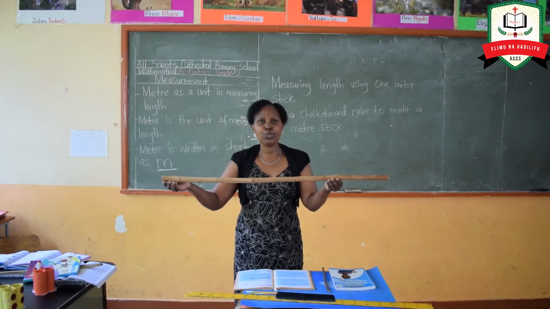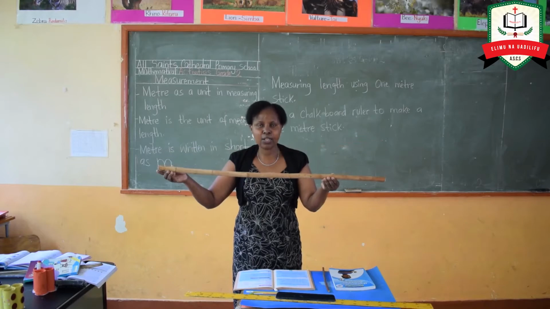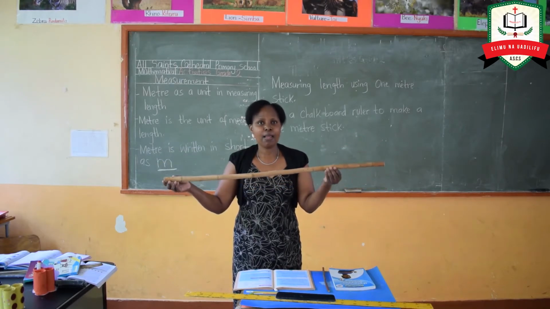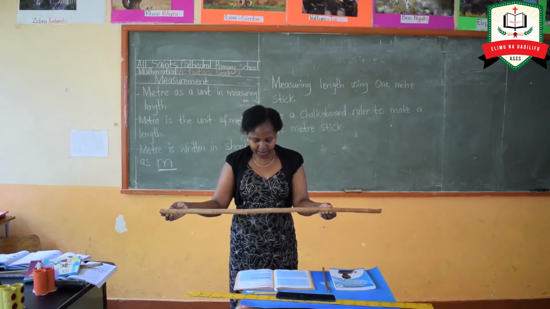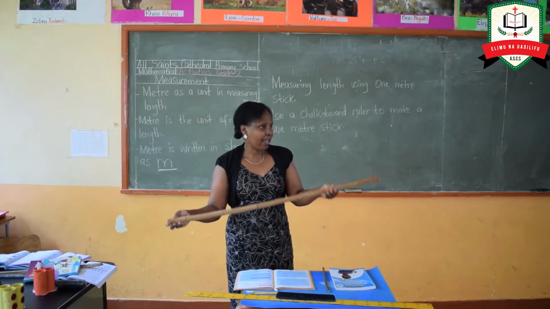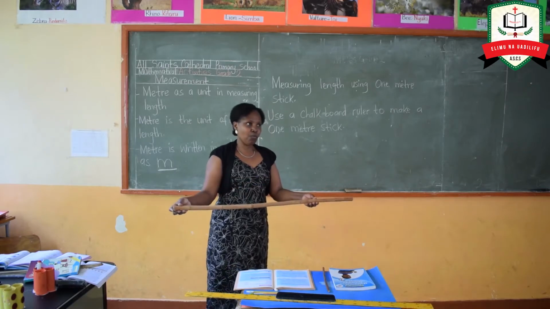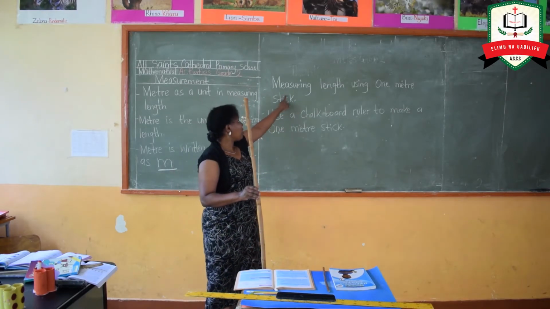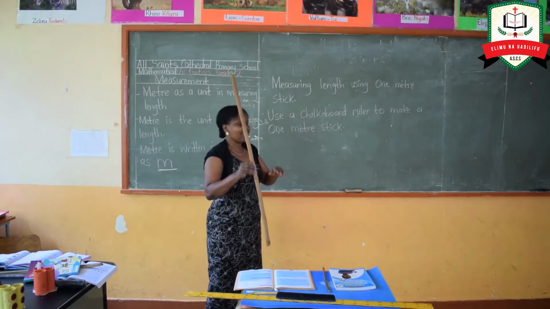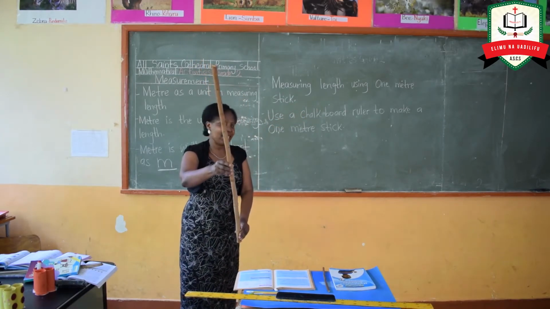And I'm going to use my stick to measure lengths of objects that I want. Okay, boys and girls? So here, you can move with me. I've said now, measuring length using a 1 meter stick. So this is a 1 meter stick.